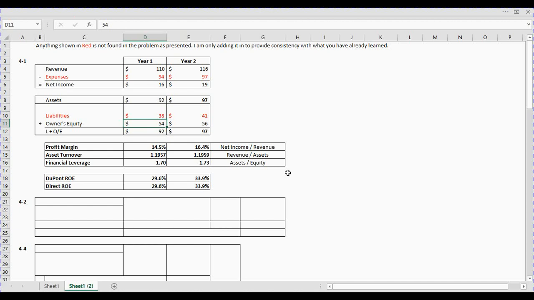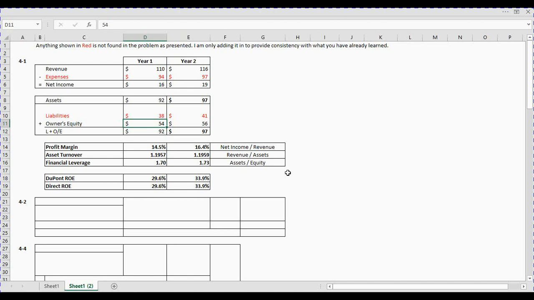That's a large increase. So if someone were to ask me, if I was the manager or the financial manager or accountant for this company, and said, "Wow, your ROE really went up from 29.6% to 33.9%. What led to that?" Using the DuPont method, I can isolate that the increase in the ROE was driven by the improvement in profit margin.